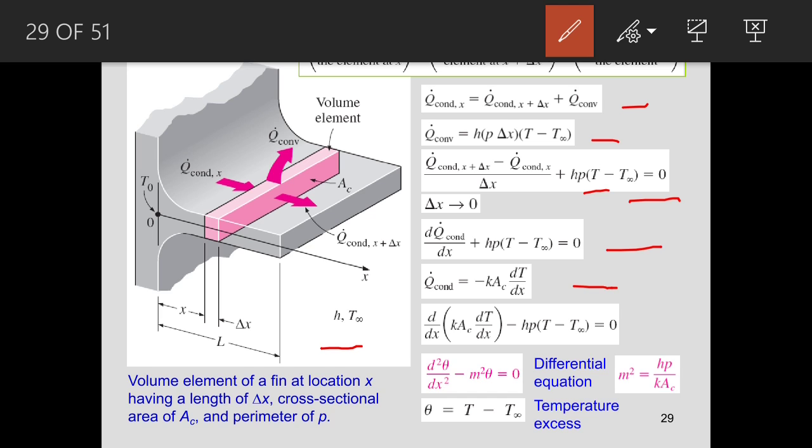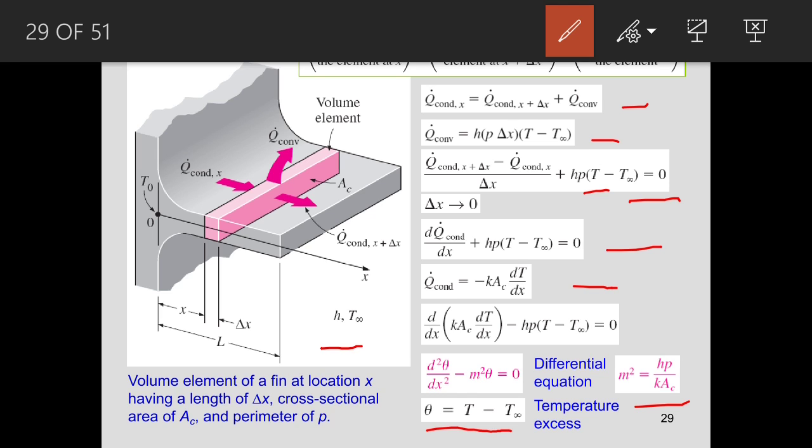If you solve this, we get d square theta by dx square minus m square theta equal to 0, where theta is equal to T minus T infinity, and m square is equal to hp divided by k Ac.